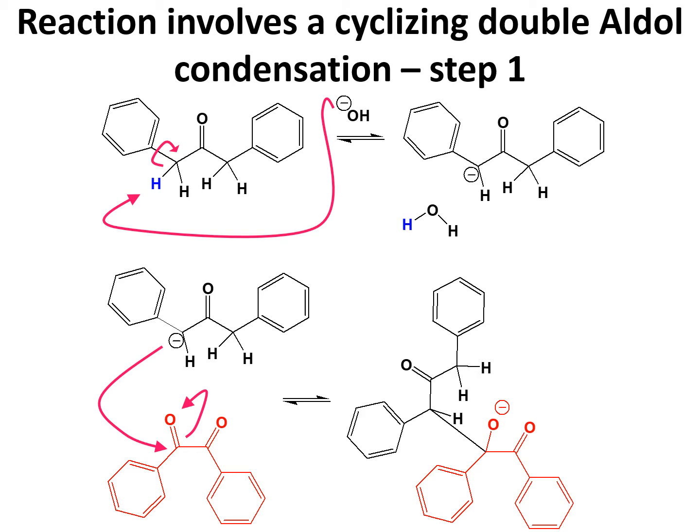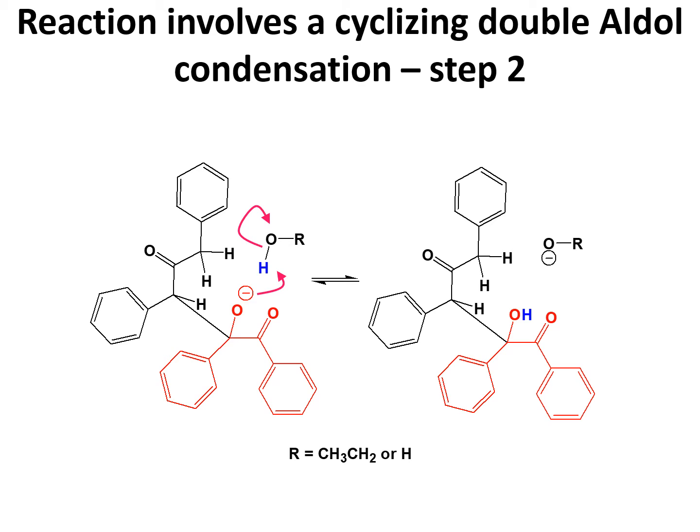And then the reaction begins by converting the ketone into a nucleophile. We do that by adding a base, where the base takes the proton and then creates a negative charge. This negative charge will make a nucleophilic attack on the carbonyl carbon, the carbonyl opens, and this intermediate will be formed in the first step.